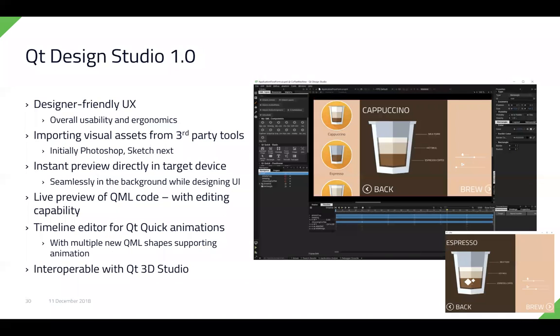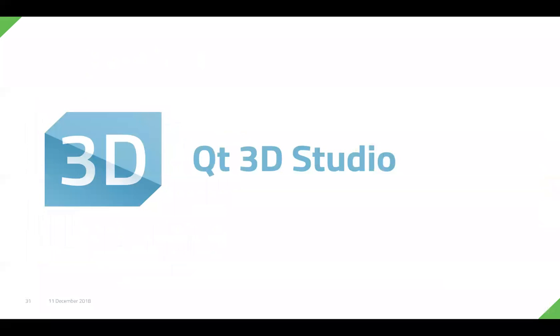The timeline editor can be used for creating animated Qt Quick. And finally, of course, this is interoperable with Qt 3D Studio, although it is still a separate tool. When you have a 3D item, you can see it in the Design Studio. And similarly, in the 3D Studio, you can see QML items. So moving on next to the Qt 3D Studio.